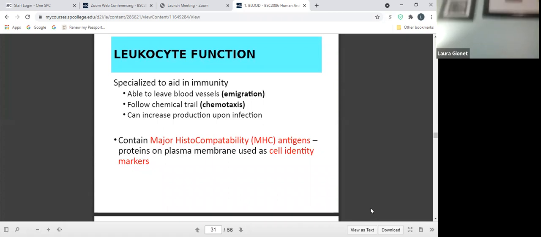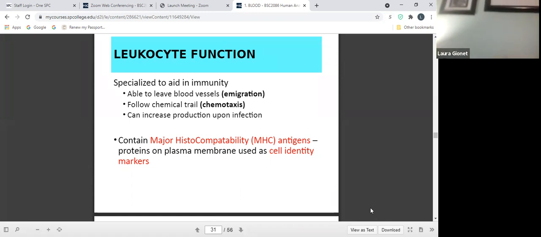Leukocyte function. Leukocytes have certain capabilities. Some white blood cells stay in the blood and some are able to leave the blood and actually chase down bacteria and viruses. And some will just get transported and take up residence in lymph nodes and other organs of the body.